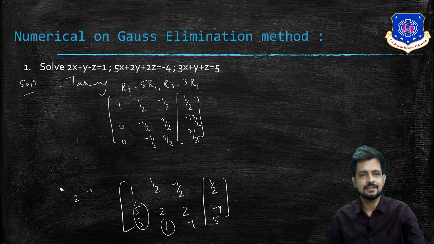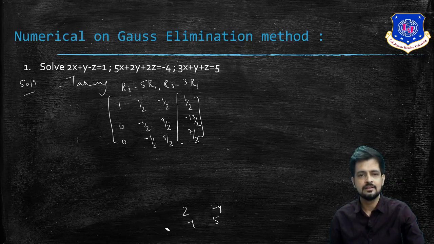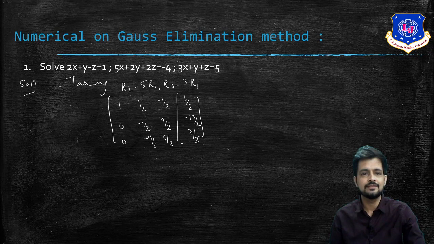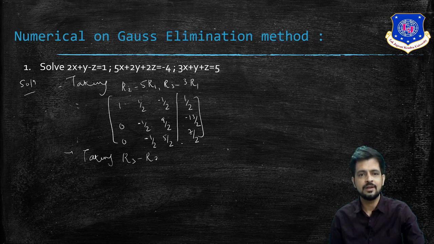Okay, what is our next step? In the next step, we have to make this element 0. How can I do this? By taking R3 minus R2, I will get this matrix.